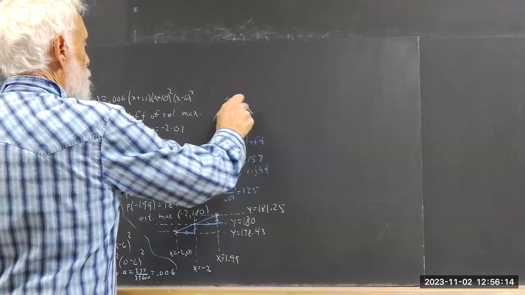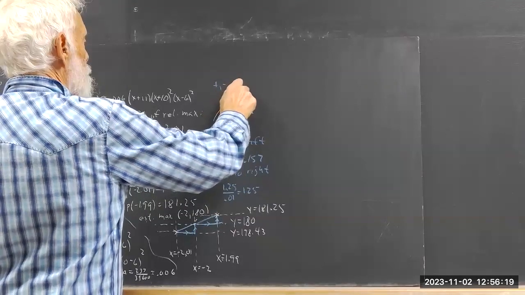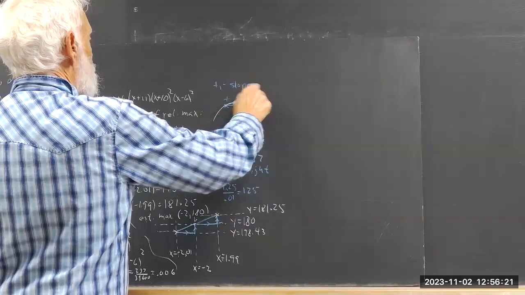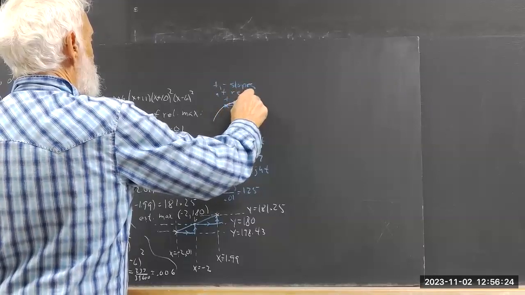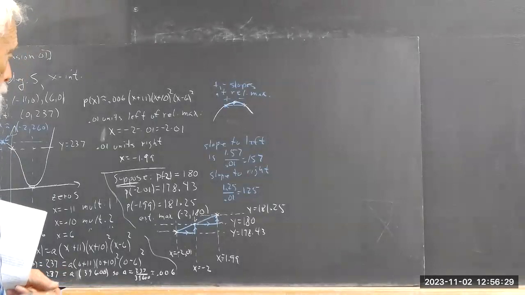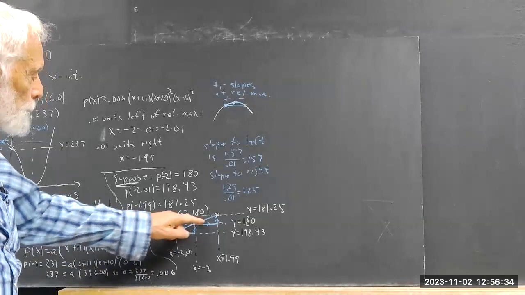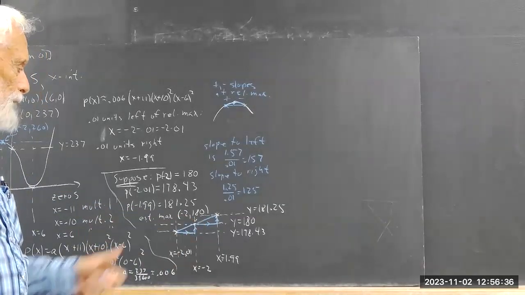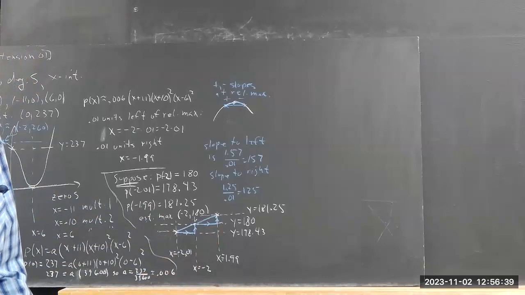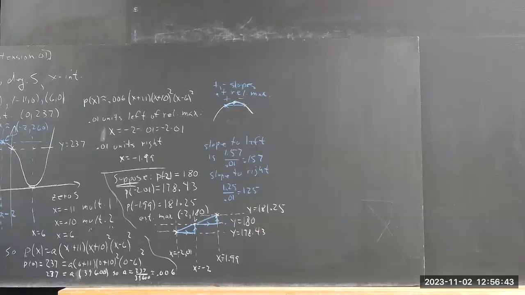This slope is positive. This slope is negative. So one thing you see is that the slopes are not consistent with this actually being your relative maximum. It's almost certain that whatever estimate you make is going to be either to the left or the right of the actual relative maximum.